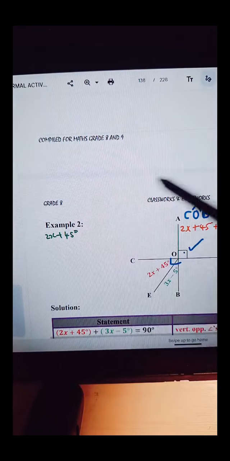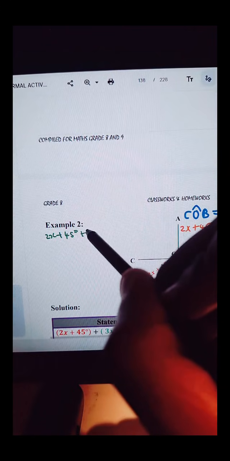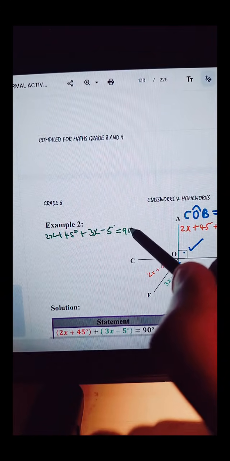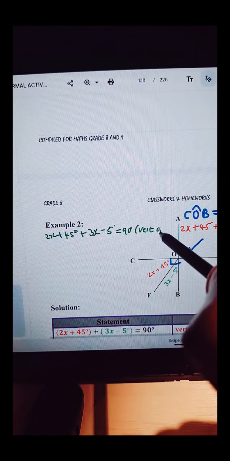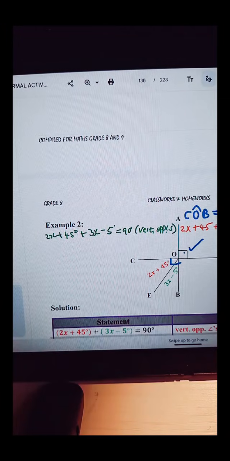I want you to follow along here with me. Someone else could have decided to say 2x plus 45 degrees plus 3x minus 45 degrees is equal to 90 from the get-go. Then the reason, vertically opposite angles. Why?